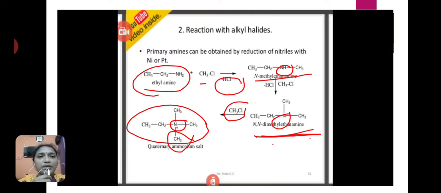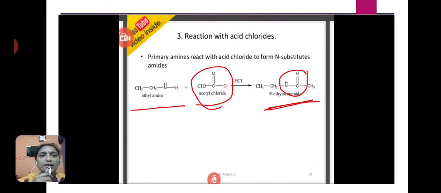When primary amines like ethylamine react with alkyl halide, they form N-methylethanamine, a secondary amine. Then that secondary amine again reacts with alkyl chloride and forms a tertiary amine. Tertiary amine reacts with alkyl halide and forms quaternary ammonium salts. This is about reaction with alkyl halides.